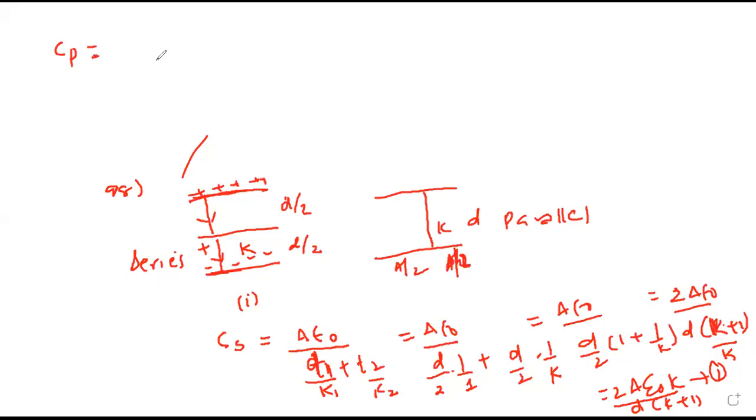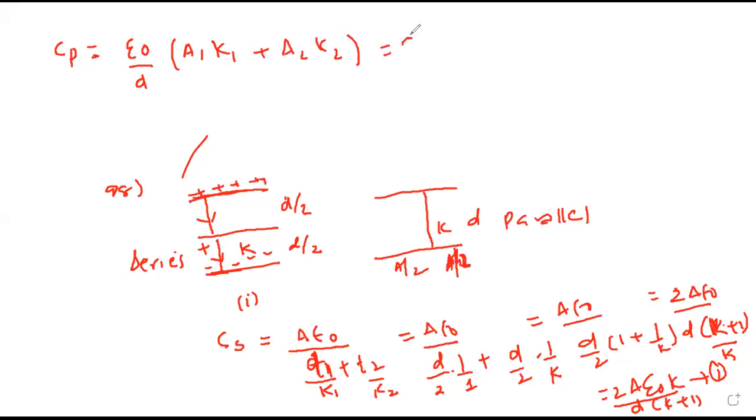Yes, sir. If it is parallel, then epsilon naught, what is the formula, tell me if you are remembering. Epsilon naught upon d into A1 K1 plus A2 K2 and so on. Here there are only 2, so we will stop at 2.